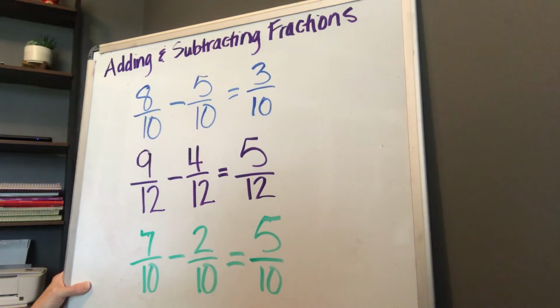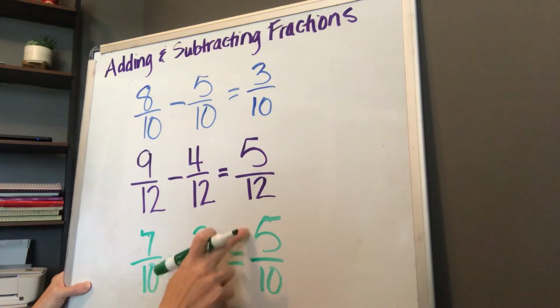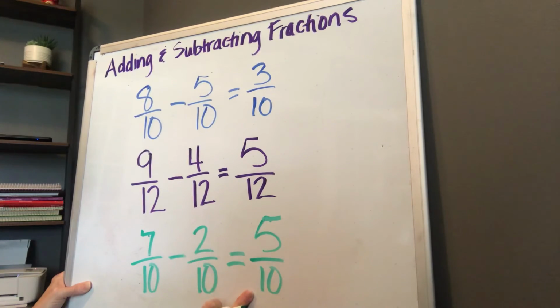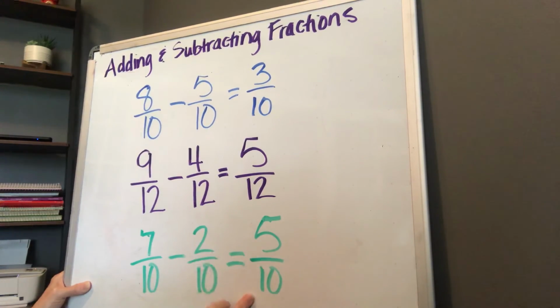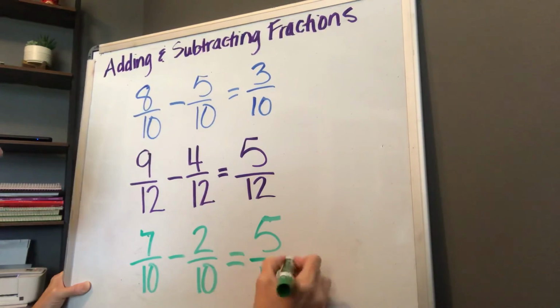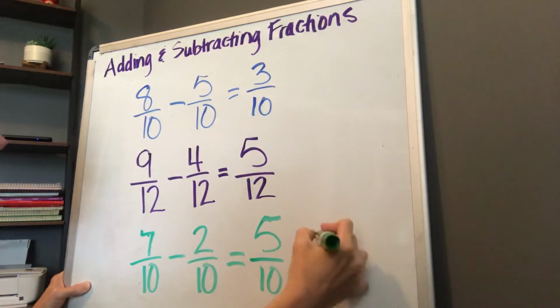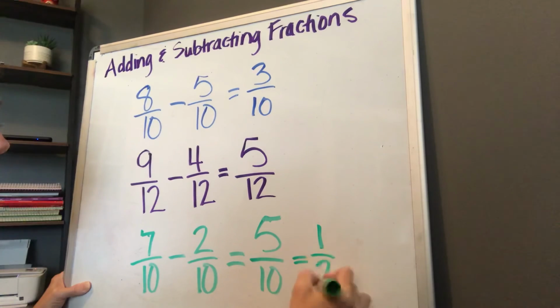Or you could look at this one and say, how can I make this fraction even smaller? What are some equivalent fractions? If you'll notice, by looking at your numerator and your denominator, you might have said, oh, look, 5 is half of 10. So 5/10 is equal to 1/2.